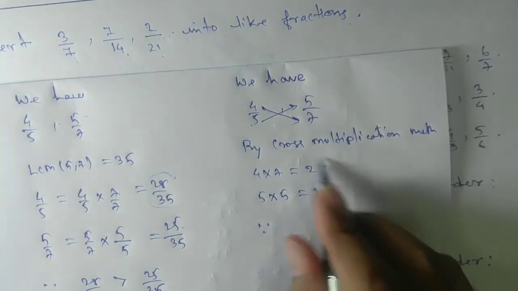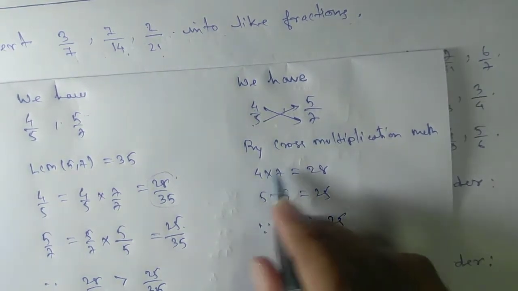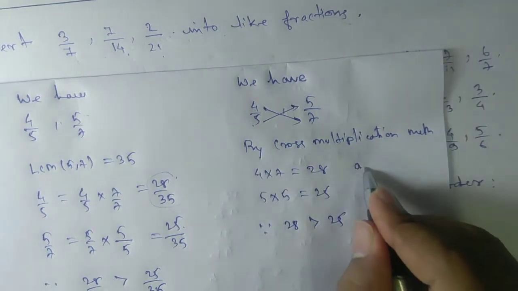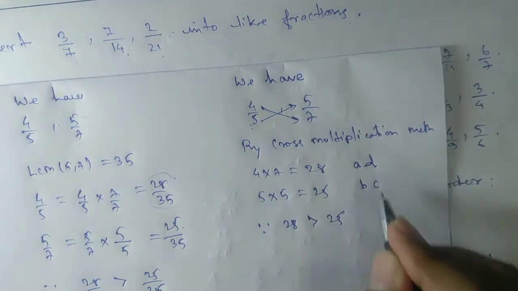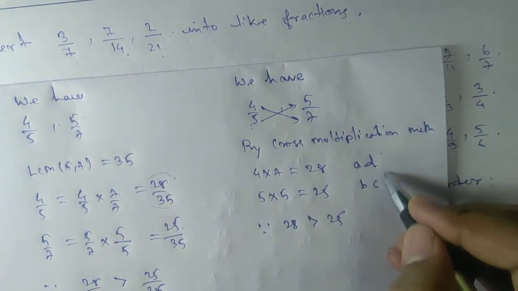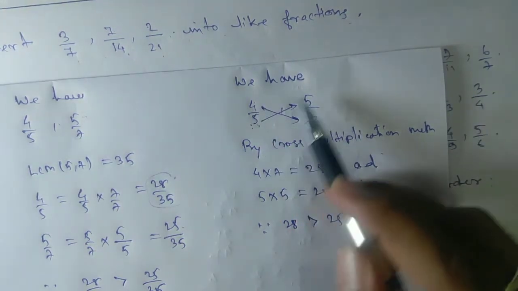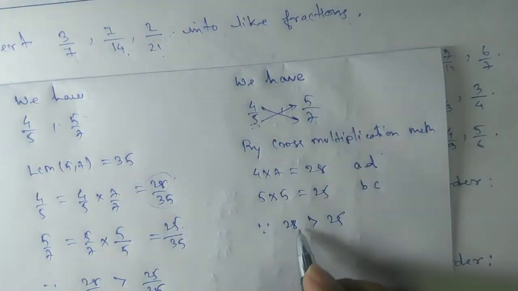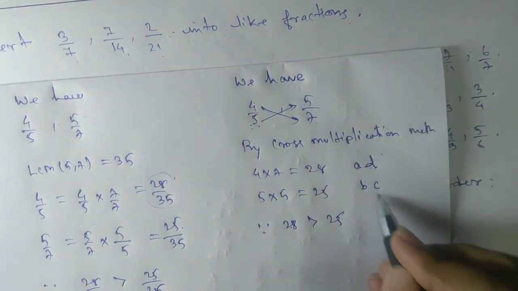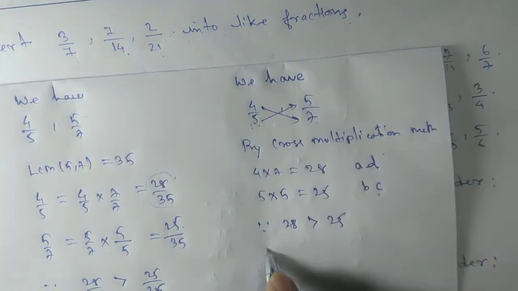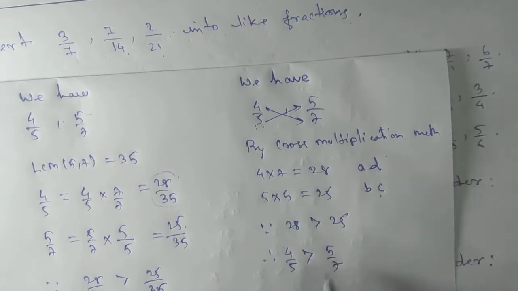Since 28 is greater than 25, this is your A into D and this is your B into C. As we know that AD greater than BC, we can say that A by B is greater than C by D. So here 28 is greater than 25, that means AD is greater than BC. Therefore you can say that 4 by 5 is greater than 5 by 7.